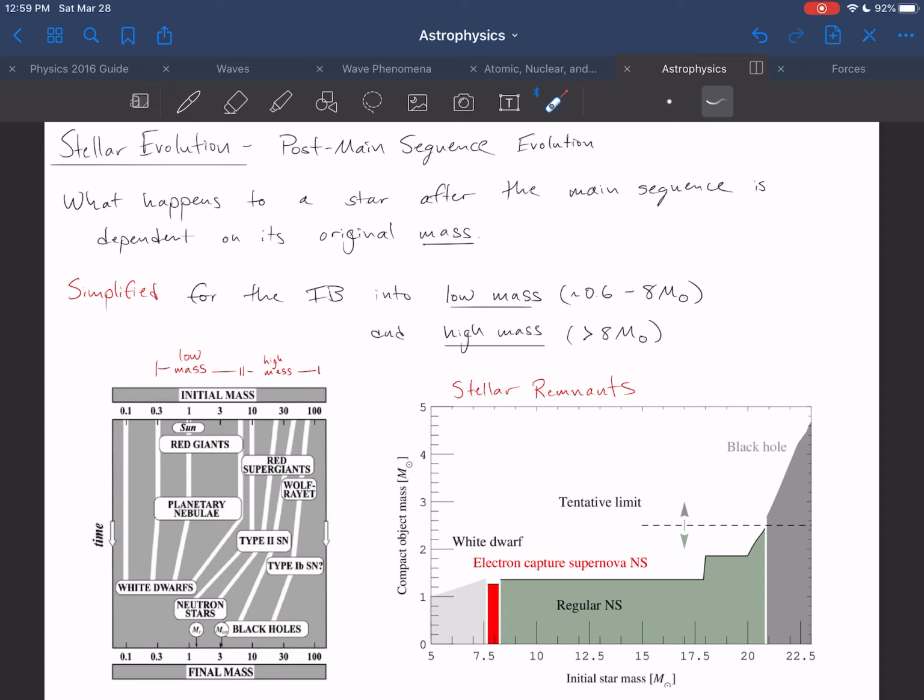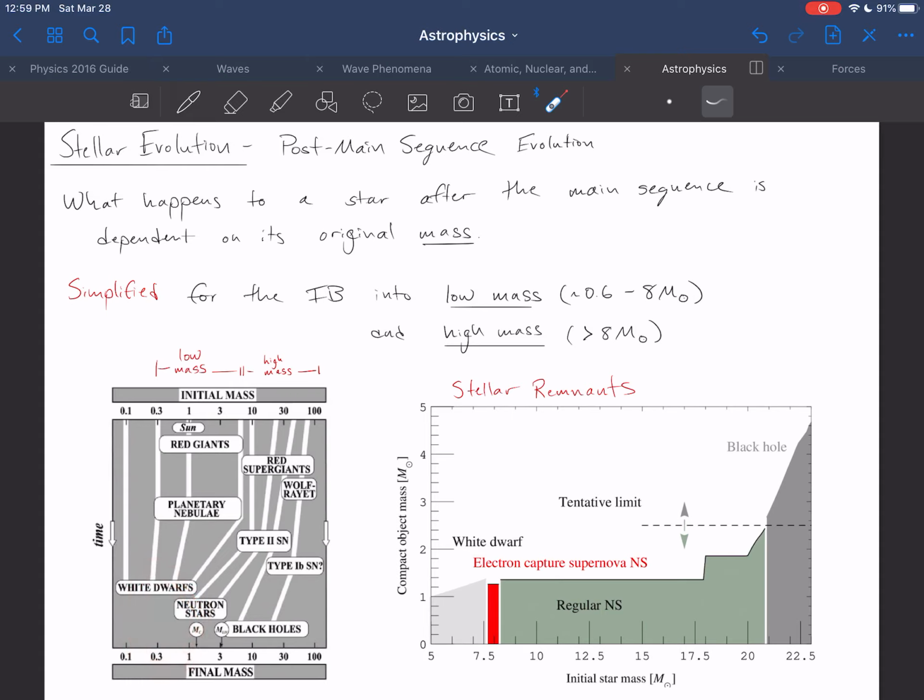What you can see is that the outcome, what happens to those stars, depends on their initial mass. To read this left chart, we would say that if the initial mass is about 1 solar mass, then, as we'll talk about, the sun will become a red giant. It will give off a planetary nebula, and we'll discuss that. Eventually its core will become a white dwarf, and the size of the white dwarf can be read on this bottom scale here.